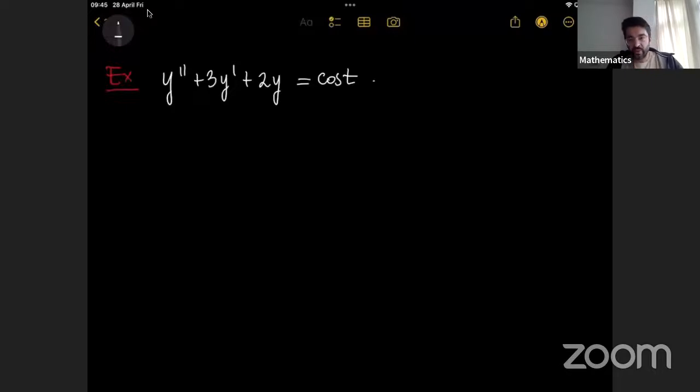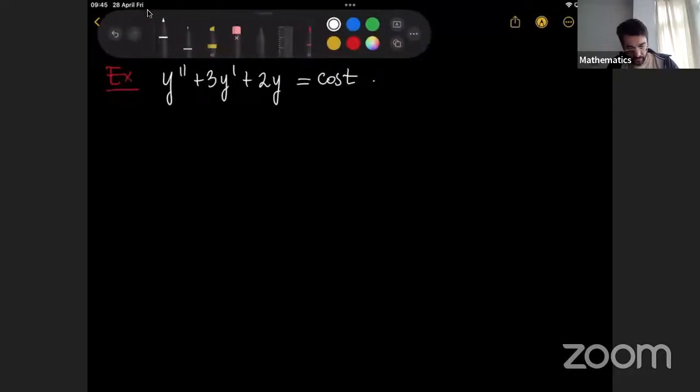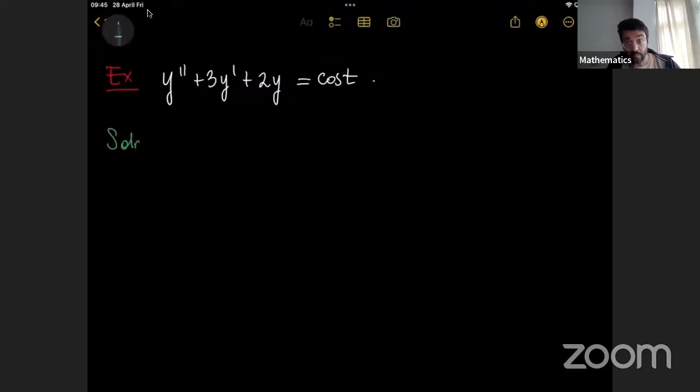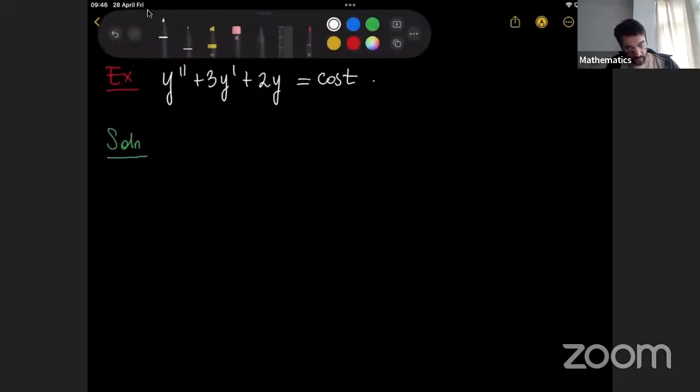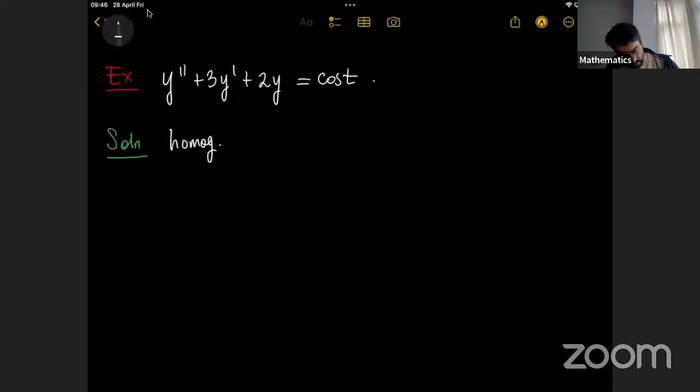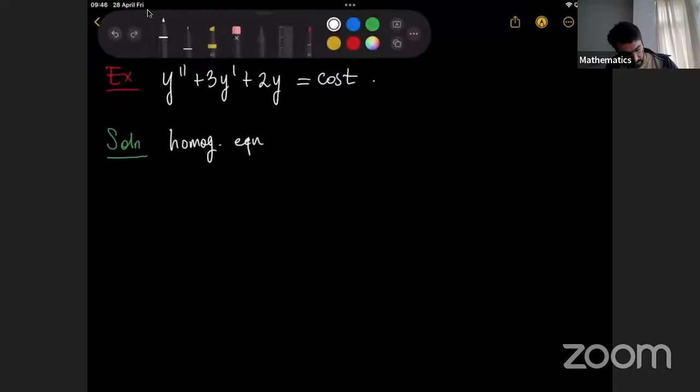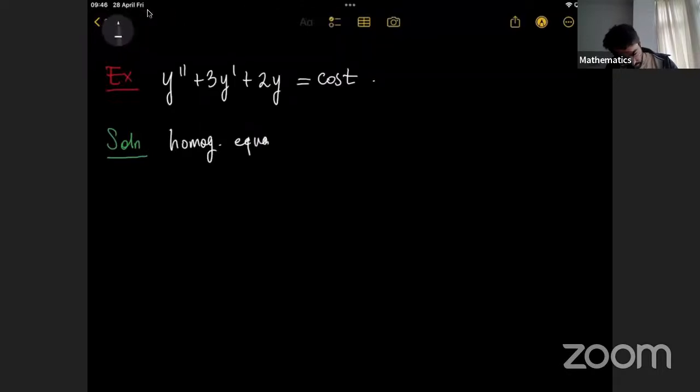Well, again, this is a non-homogeneous equation. Let's solve the homogeneous part first, as usual. The homogeneous equation is y'' + 3y' + 2y = 0.